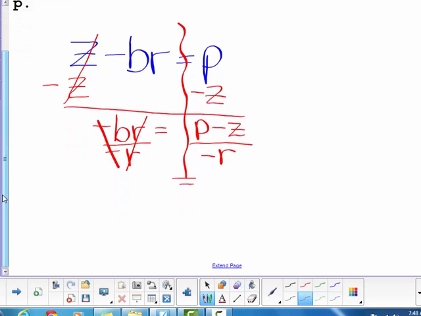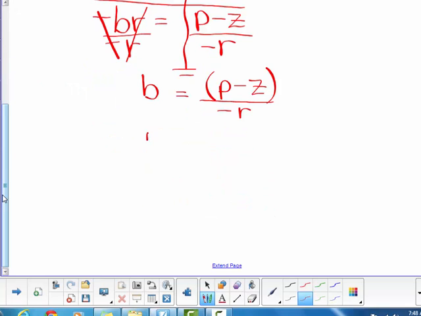And I'm left with B equals the quantity P minus V divided by negative R. When we first started talking about fractions and solving equations, I asked all of you to remember to always put the negative in the numerator, not in the denominator. So I'm going to rewrite this as B equals negative times the quantity P minus V all over R.